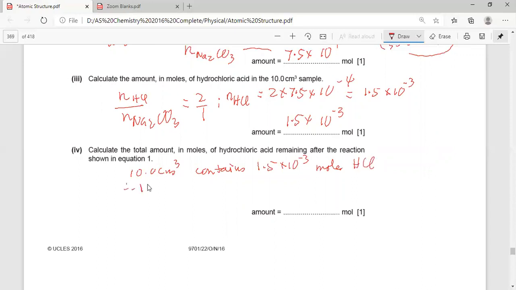Therefore, the original 100 cm cube contains how much? Of course, times 10: 1.5 times 10 to the power minus 3 times 10, so 1.5 times 10 to the power minus 2.